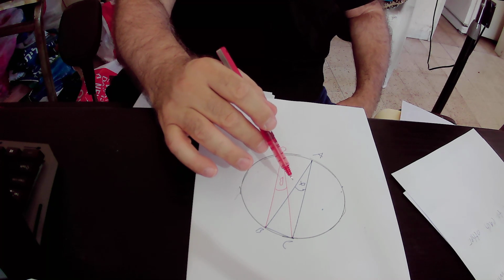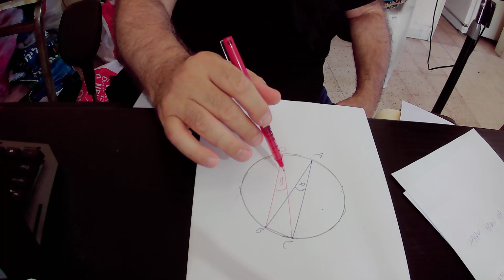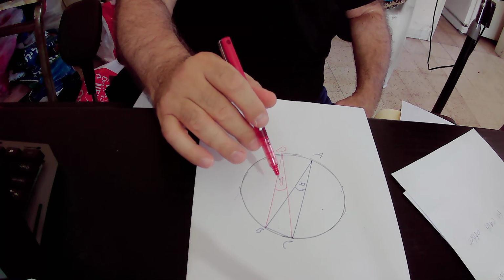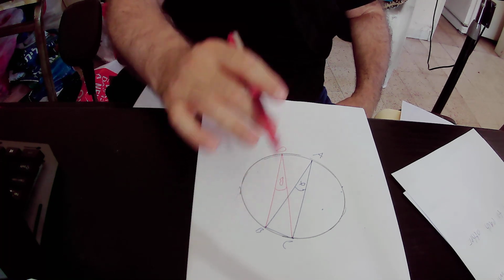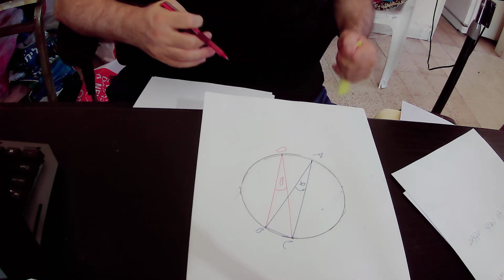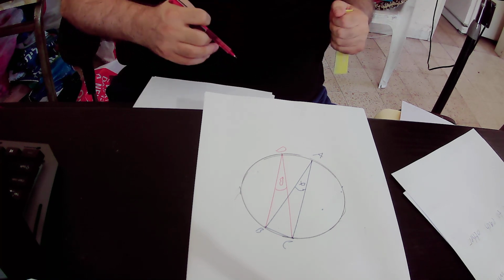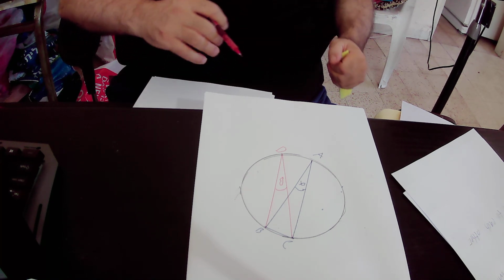So peripheral angles alpha and beta both rest on the same chord BC. Therefore, according to rule number 2, angle alpha equals angle beta.